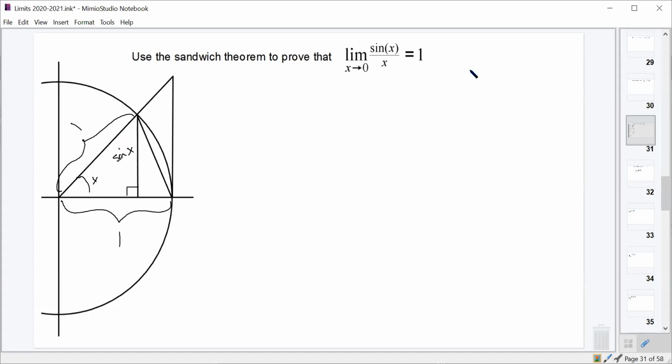The mic's cutting out. And nobody's responding to me. Yes, it's cutting out a lot. Let me try and fix that real quick.